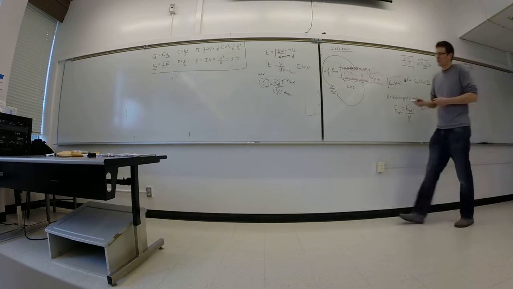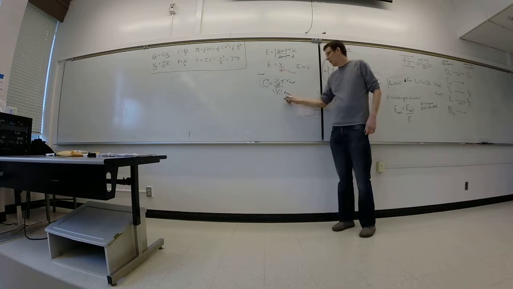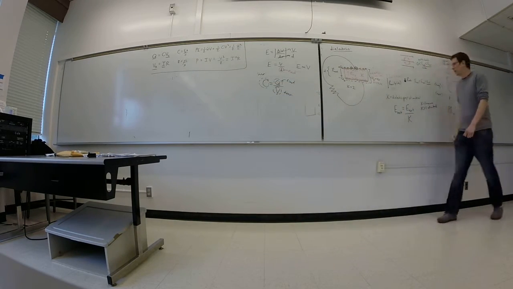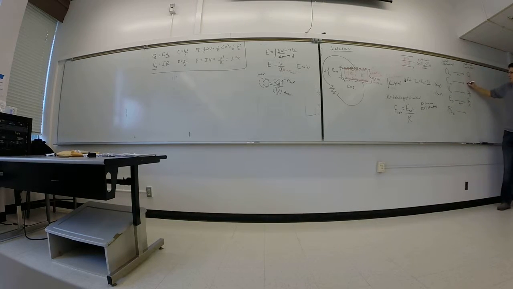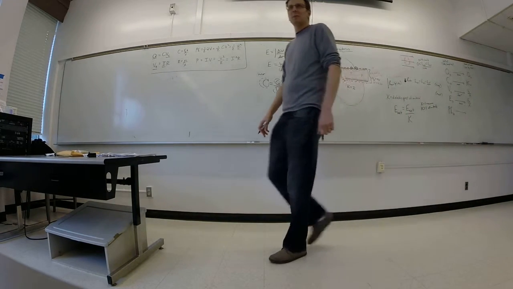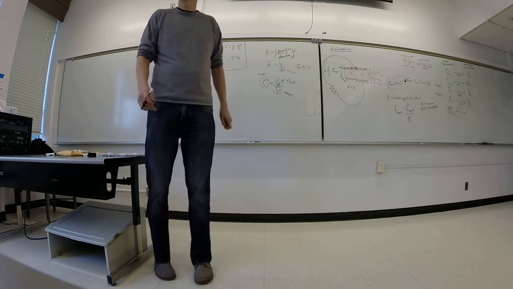So if this is fixed, and this is reduced by kappa, 1 over kappa, then this is going to result in this being increased by kappa. So at this point, we've increased the capacitance on a technicality.